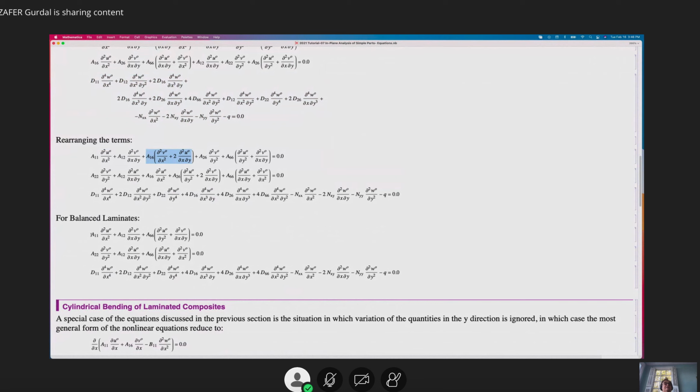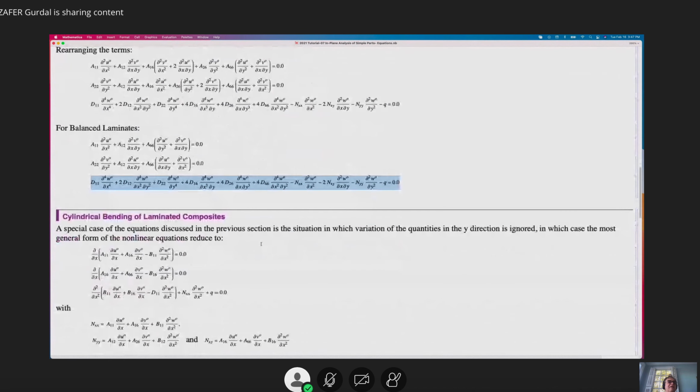In that case, you have a UV expression to be solved using this equation, and then you have to also solve this equation. And they're actually not completely uncoupled.